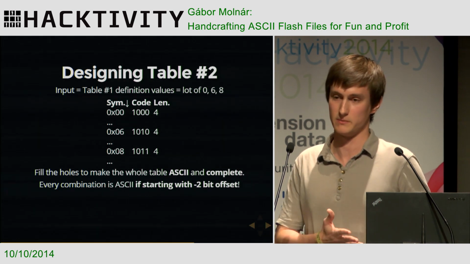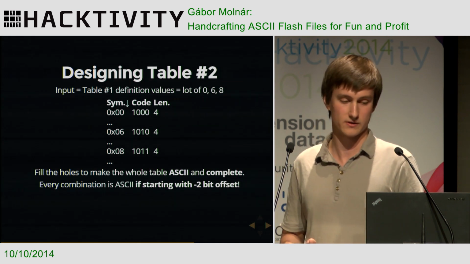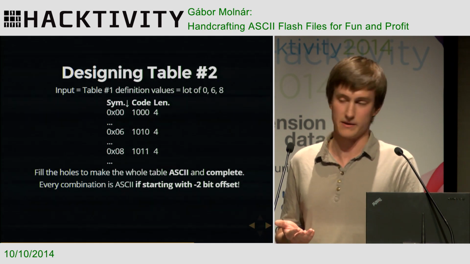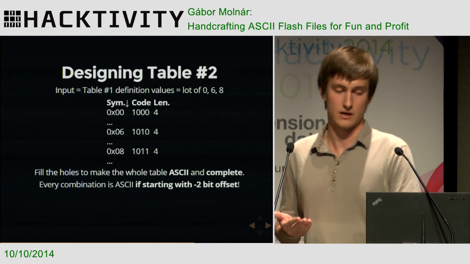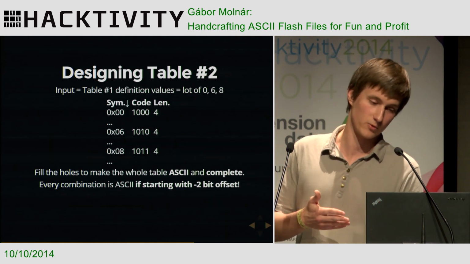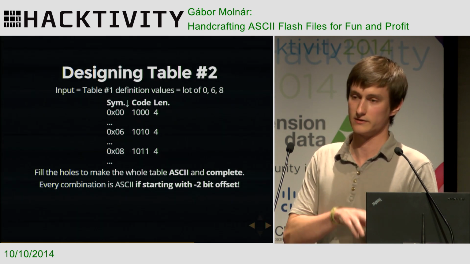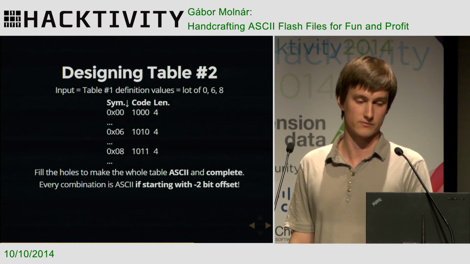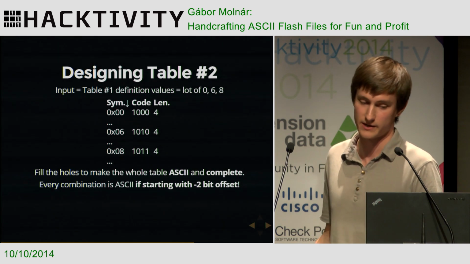The compressed representation of the second table should start at a 2-bit offset, and the 4-bit codes, well, maybe you don't see it, but if you start paper and pencil, you will see that ordering these 3 codes in whatever order, in reverse order, you will always arrive at ASCII characters interpreted from the left-hand side. So that was the basic idea for the second table.